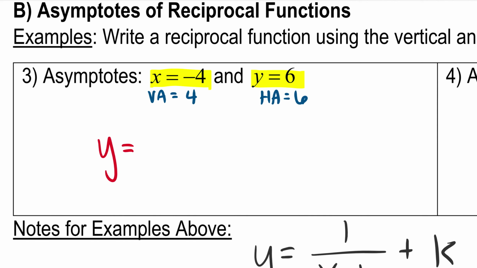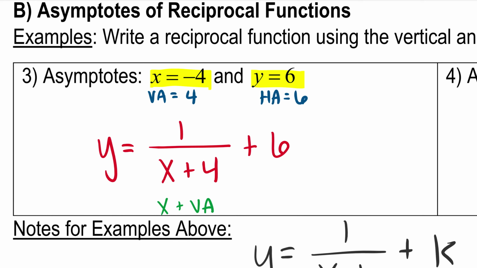Okay, so when I write my function, I'm going to do 1 over x plus 4, and then on the outside plus 6. Because really this is kind of like x plus VA, and then on the outside is plus HA. Okay? And of course if it was a negative it'd be minus. You don't always put plus, so don't do that. So that would be my answer, that function in red.